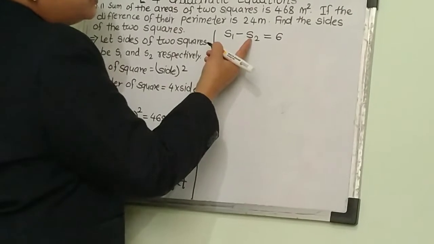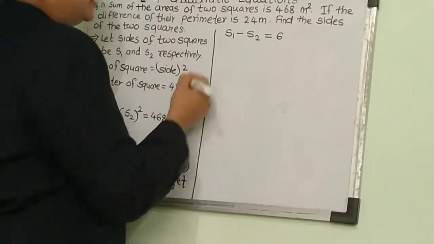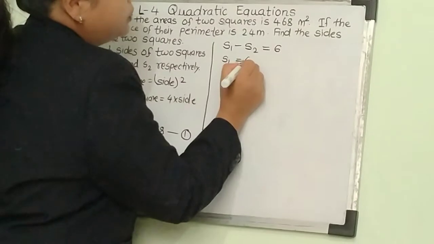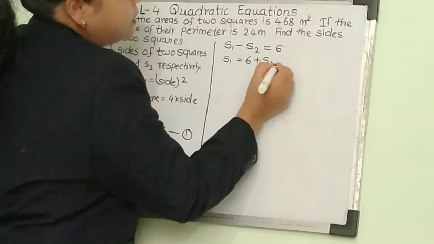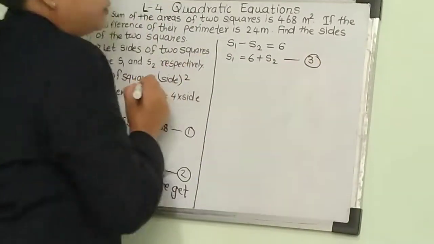Now this S2 comes to this side and becomes plus. So S1 is equal to 6 plus S2, that is our third equation.